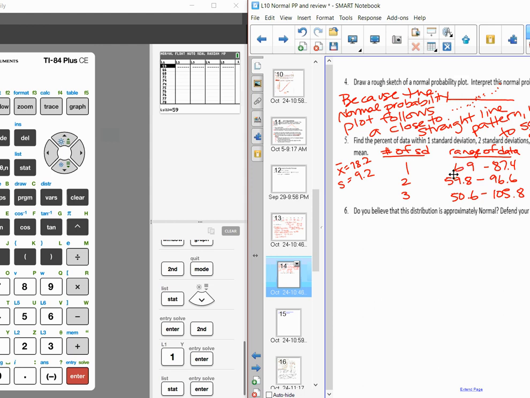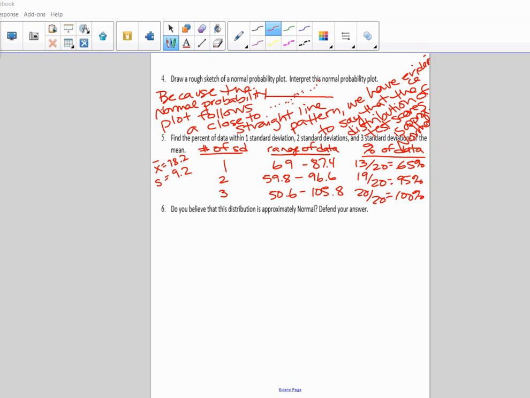I can't fit this all on the screen, sorry. So take a minute, pause the video, and fill in the percent of data. Okay, so there's my percent of data within each range. It looks like it matches up very nicely with the 68, 95, 99.7 rule. So again, this gives us more evidence that we think the distribution is approximately normal.